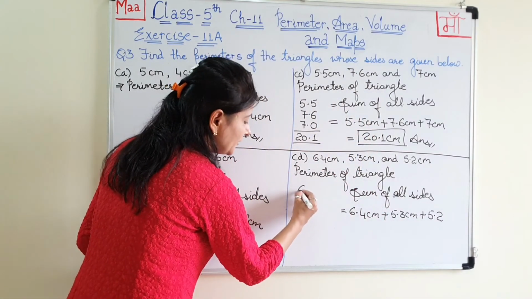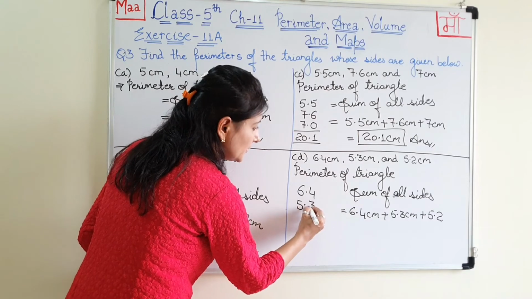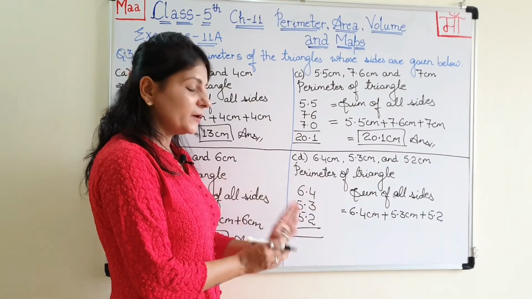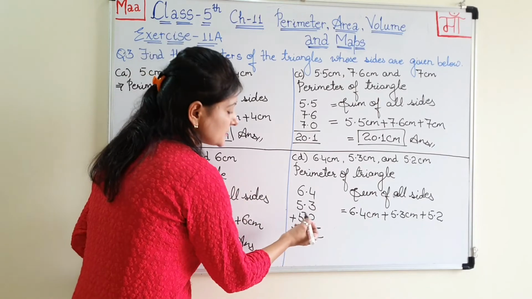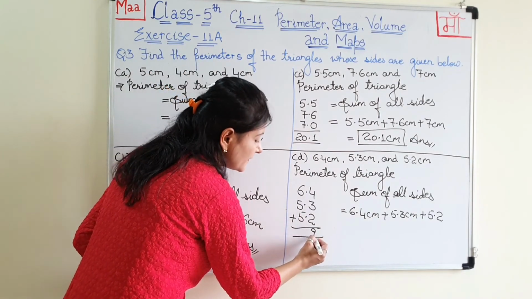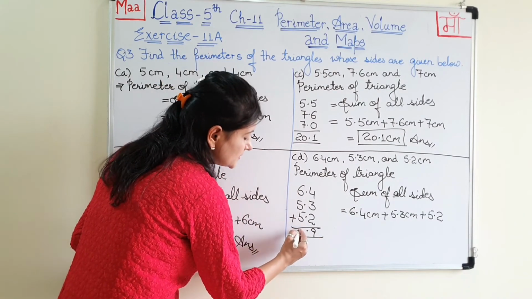See how you will add first. Again 6.4, 5.3 and 5.2. Put the decimal numbers in proper sequence. Okay. See now, 4 plus 3 is 7, 7 plus 2 is 9, and here 5 plus 5 is 10 and 10 plus 6 is 16.